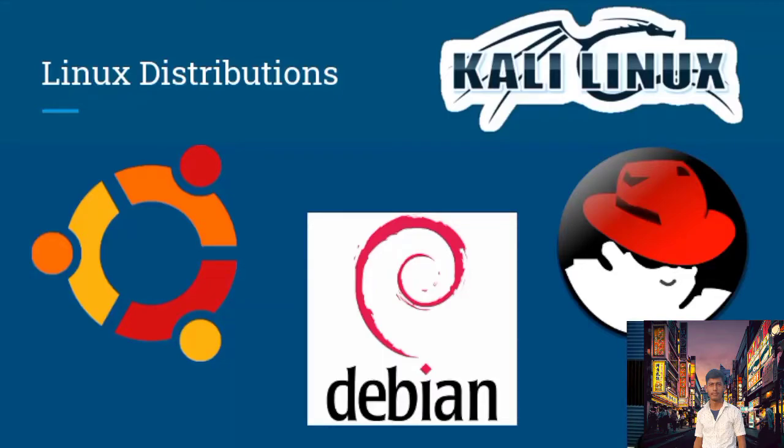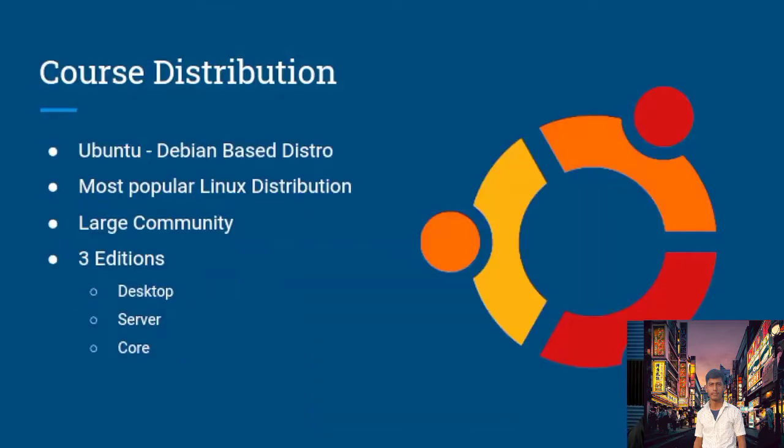But as stated, there are a whole bunch of Linux distributions that will meet most of your needs. And now let's cover the course distribution, which is the distribution I'll use throughout this course, which is Ubuntu. We know that it's Debian based, and it is composed mostly of free and open source software. Ubuntu is released in 3 different editions.